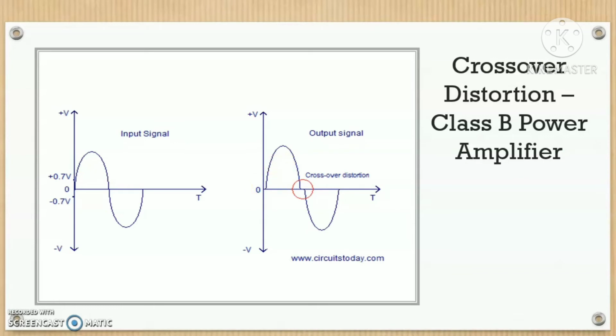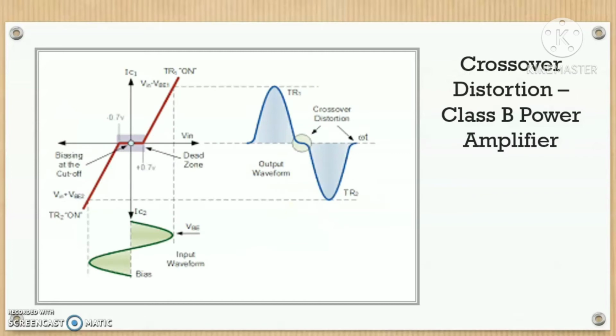Till 0.7 your transistor is not conducting. So this is a discontinuity in the output signal, which we cannot tolerate. This is called crossover distortion: when the input is between 0.7 and minus 0.7, your output is 0.